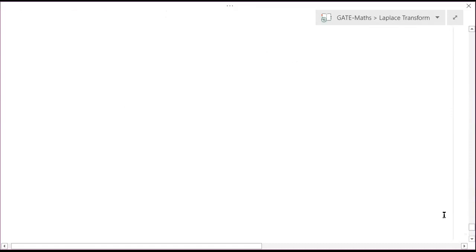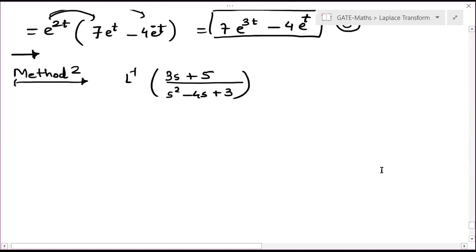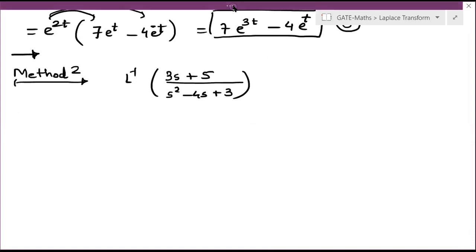So whenever you are having polynomials in both numerator as well as denominator, and degree of denominator is more than degree of numerator, at that time you can use this partial fraction method. So the name of this method is partial fraction method.